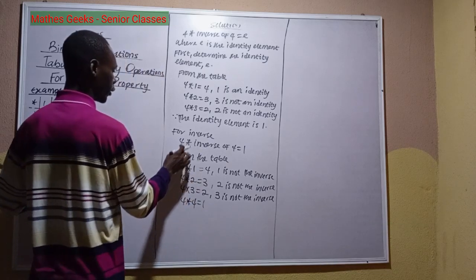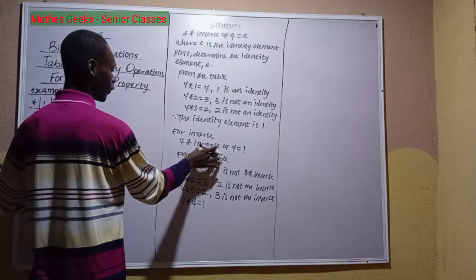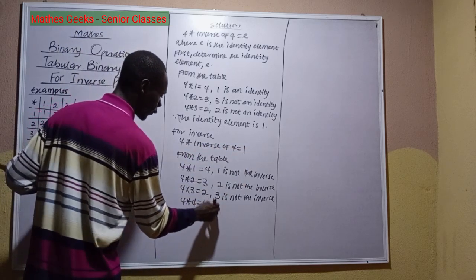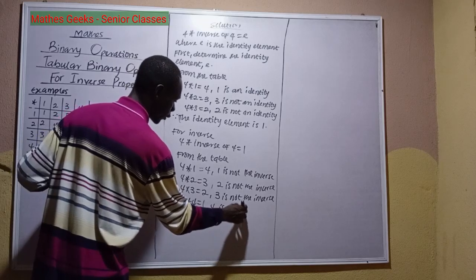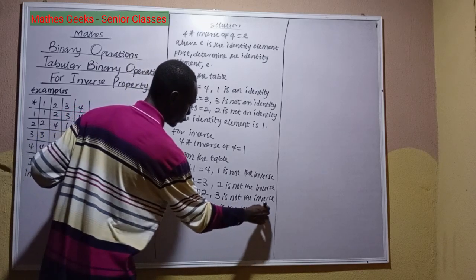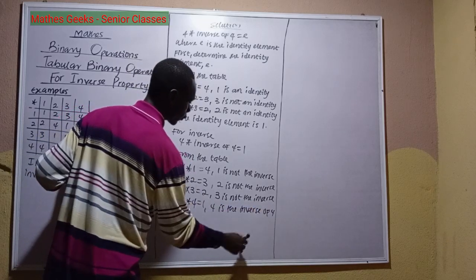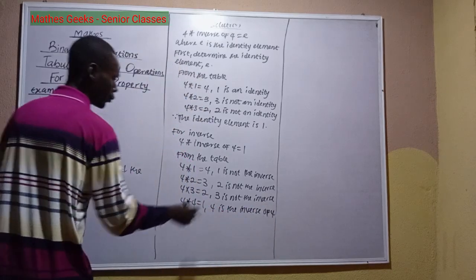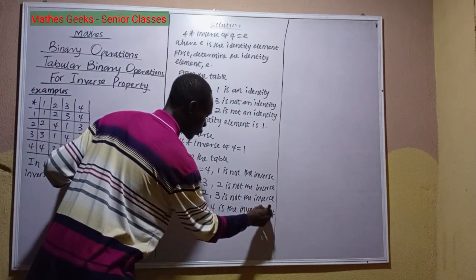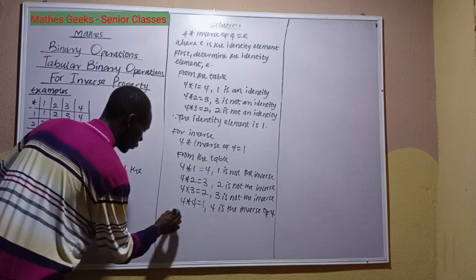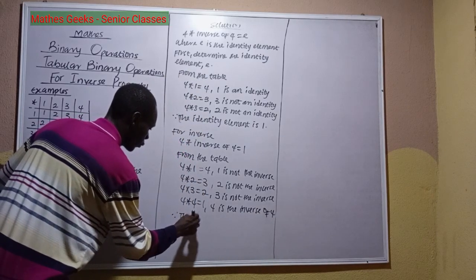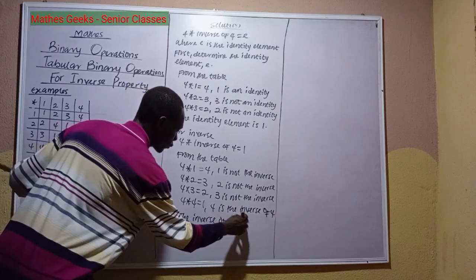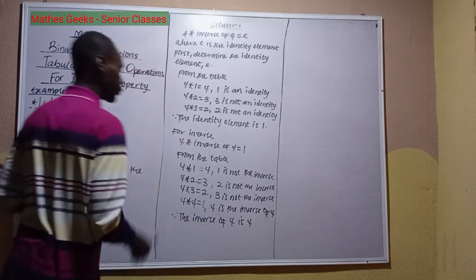And we said for the inverse, 4 operation inverse of 4 should give us 1. So 4 operation 4 is 1. Therefore, the inverse of 4 is 4.